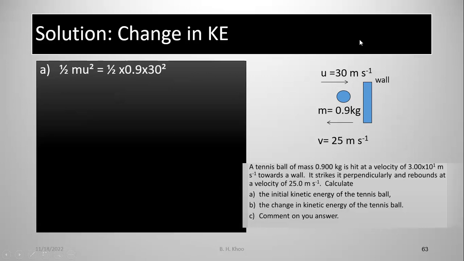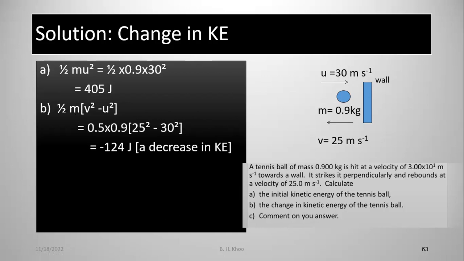Initial kinetic energy is just your half mu squared, the initial speed squared. And the change is yours. You can take the final minus the initial, it doesn't matter.